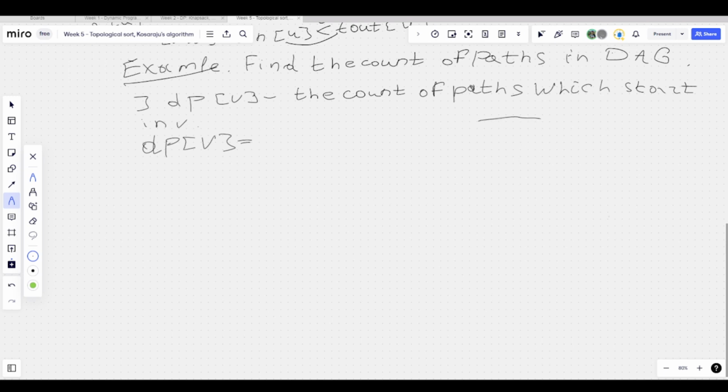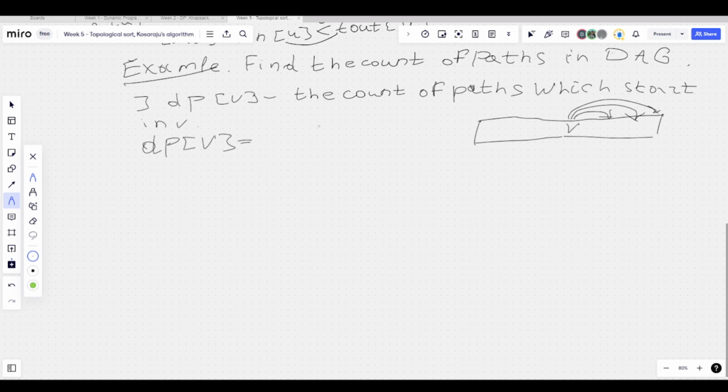We get a topological sort of the graph. We have some permutation, and from where there are some edges, we consider only these vertices.